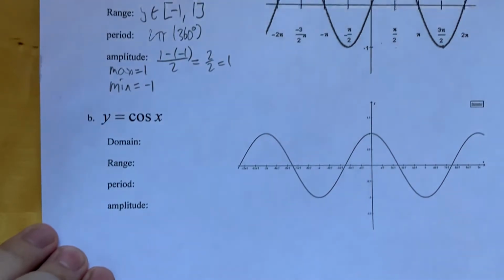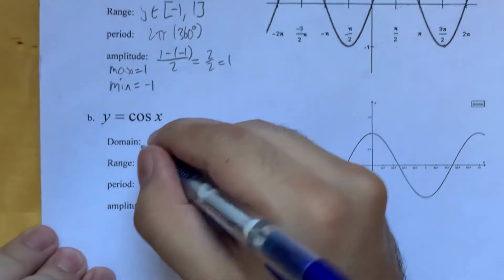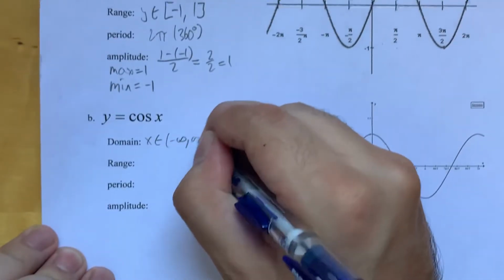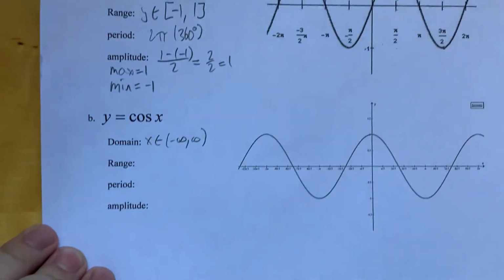All right, let's do this one. Domain: x is negative infinity to infinity. Most of the time it's going to be negative infinity to infinity. The only one you really have to pay attention to is the range.